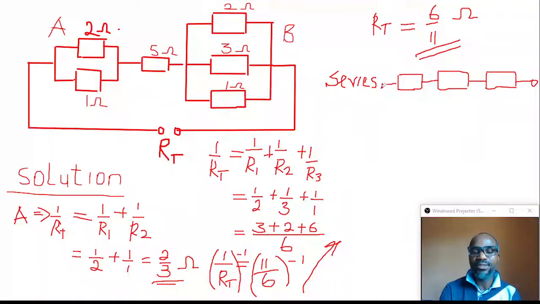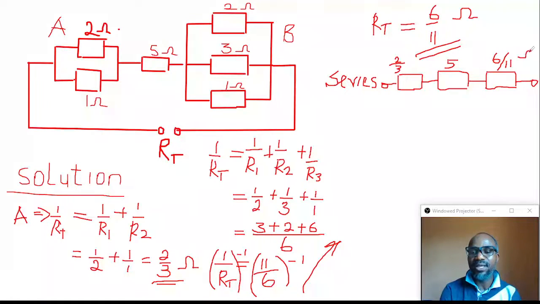So with this, we can illustrate that for this point, we have 2 over 3 ohms. For this point is already given as 5. Then for this side, we have 6 over 11 ohms, right?